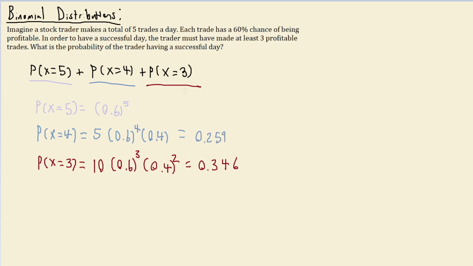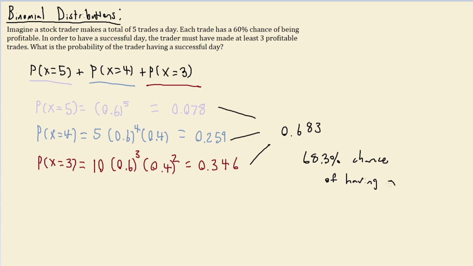And then this probability here of having all successful trades seems to be about 0.078. And so if we take the sum of all these probabilities, we'll get about 0.683. And so this tells us that the trader has about a 68.3% chance of having a successful day.